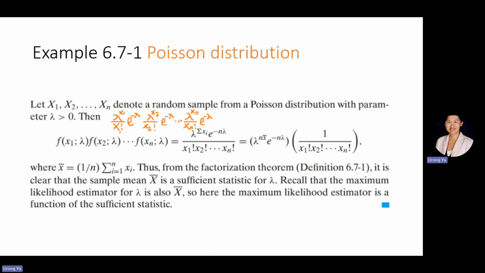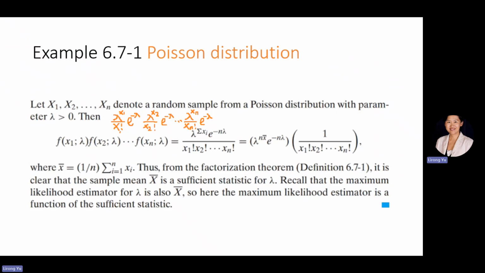Okay, so let's look at a couple of examples to see in different scenarios how we determine the sufficient statistic, or what we have to focus on in order to figure out the appropriate formula for theta. The first example is from the Poisson distribution.